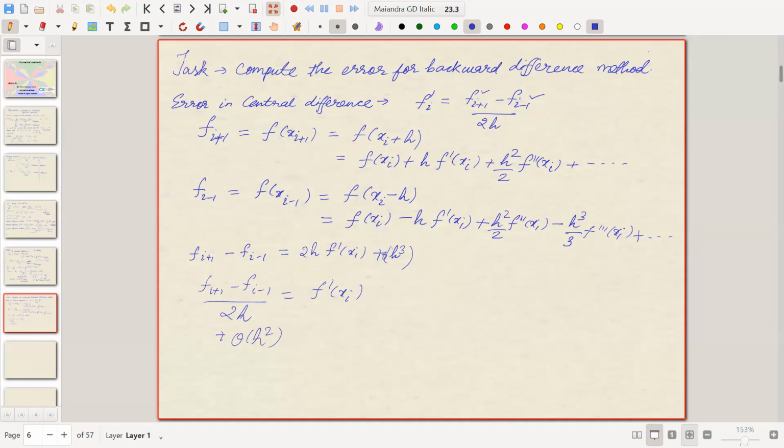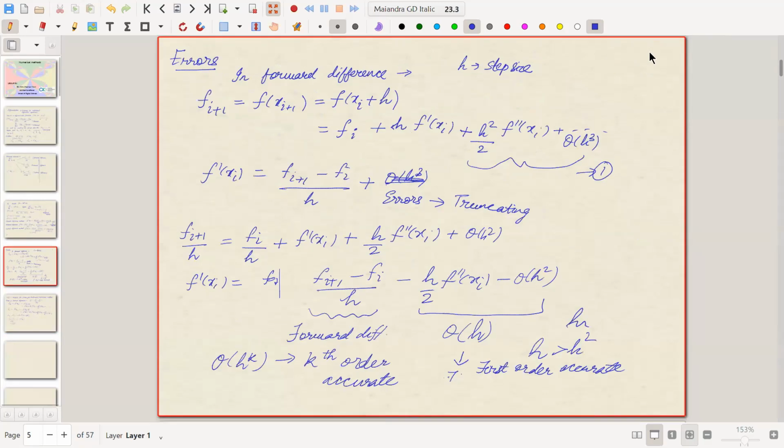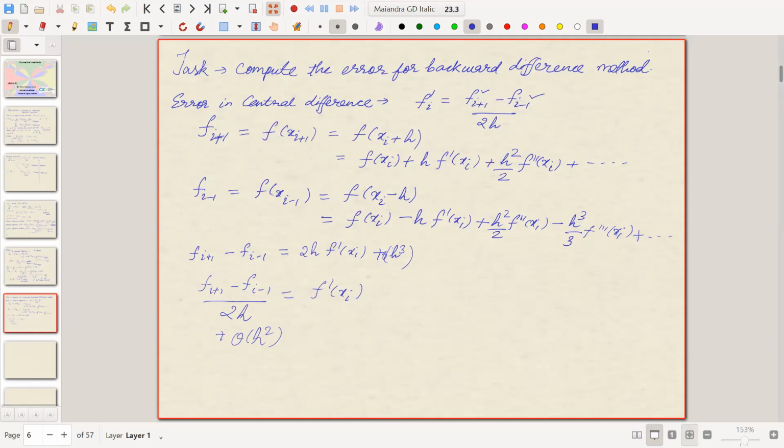So now you can see that the central difference scheme has accuracy of order 2 because it is order of h square. Previously you had order of h. Now you have order of h square. That means which one is better? Which is bigger, order of h or order of h square?